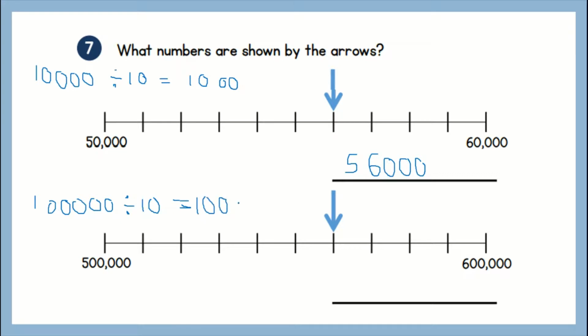So each of these lines represents 10,000. So 510,000, 520,000, 530,000, 540,000, 550,000, 560,000. The zeros are the most important thing here. So make sure that you have the right amount of zeros. So 560,000.